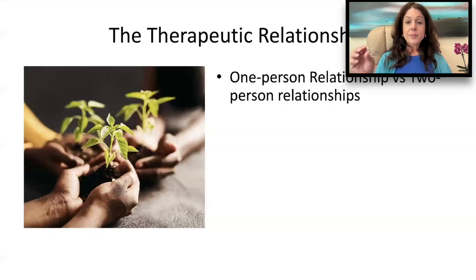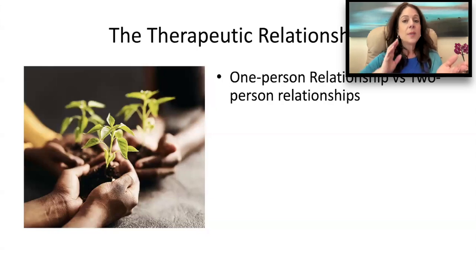So the first distinction is the one-person relationship versus two-person relationships. As I mentioned on that first screen, Lay of the Land, it's only Freudian and ego psychology that's a one-person relationship, meaning we are just conceptualizing the client, and the therapist is not considered as having a therapeutic relationship.